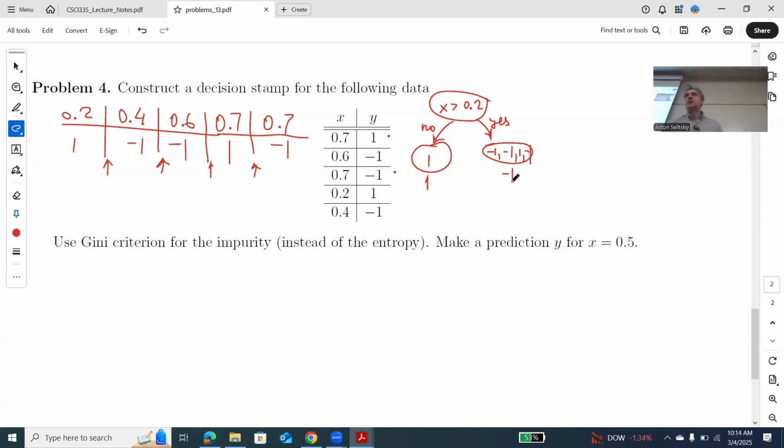Now let's calculate the quality factor. As you remember, we have the proportion. So in the first class, we have 1 point, and the total number of points in the parent node was 5.